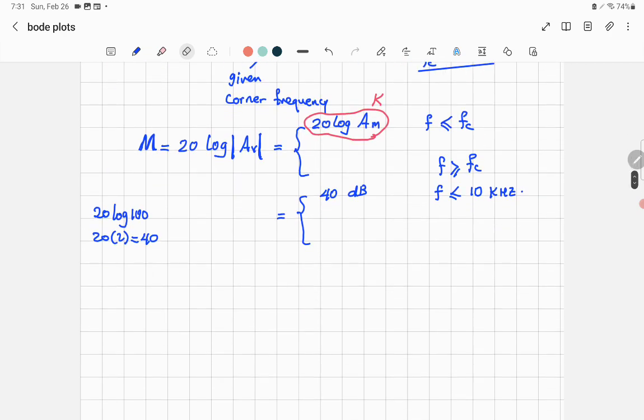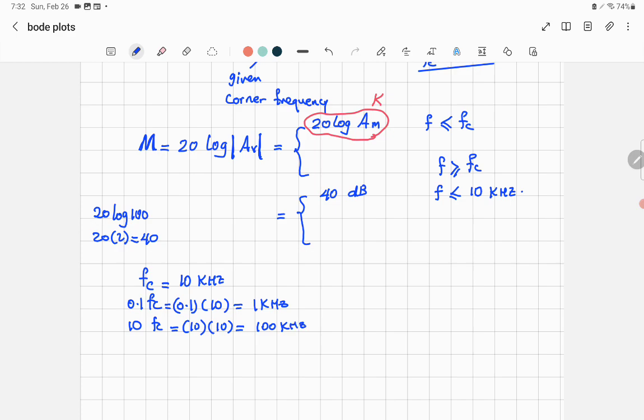So I write this not just for myself, so I can choose the right scale. The corner frequency is given as 10 kilohertz, so I need to know another two quantities: 0.1 fc, which will be 0.1 times 10 kilohertz, I get 1 kilohertz. And 10 times fc will be 10 times 10, equal to 100 kilohertz.